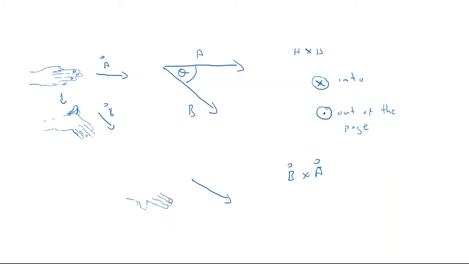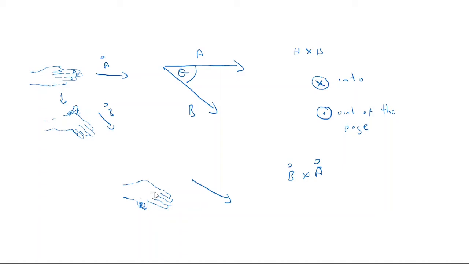Your four fingers, the right hand side, remember, you're using the right hand side. So there's your thumb. Already you can tell that your thumb is going to go out, right?